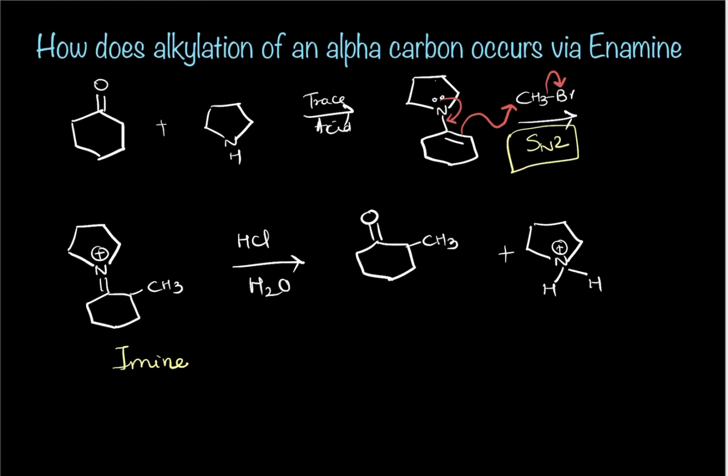And you will get back your secondary amine that you used for the reaction. Because alkylation is an SN2 reaction, only primary and methyl halides should be used for this reaction.